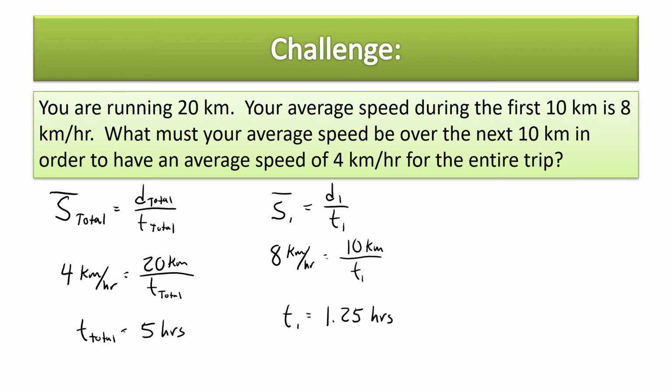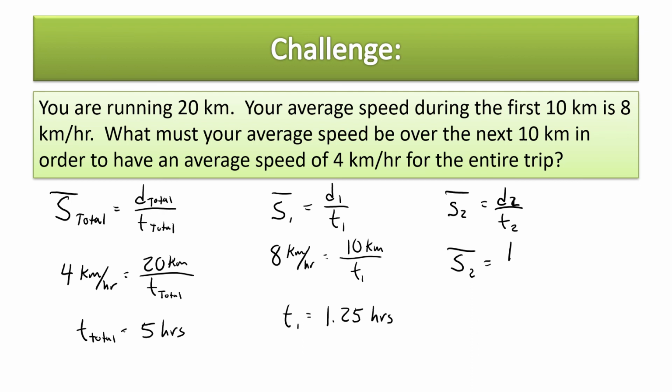So you have to figure out, okay, for S2, we know we want to go 10 kilometers, and now we know how much time we're taking. So what is the average speed that you need to do this? Oh, sorry, that looks like an 8.